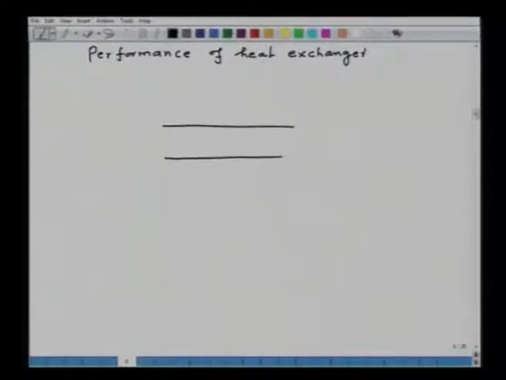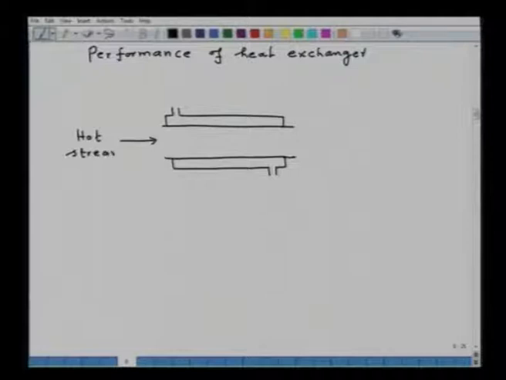This is one pipe, and here liquid is flowing. Here is the hot stream in, let us say at TH1, here hot stream out, let us take this temperature as TH2.